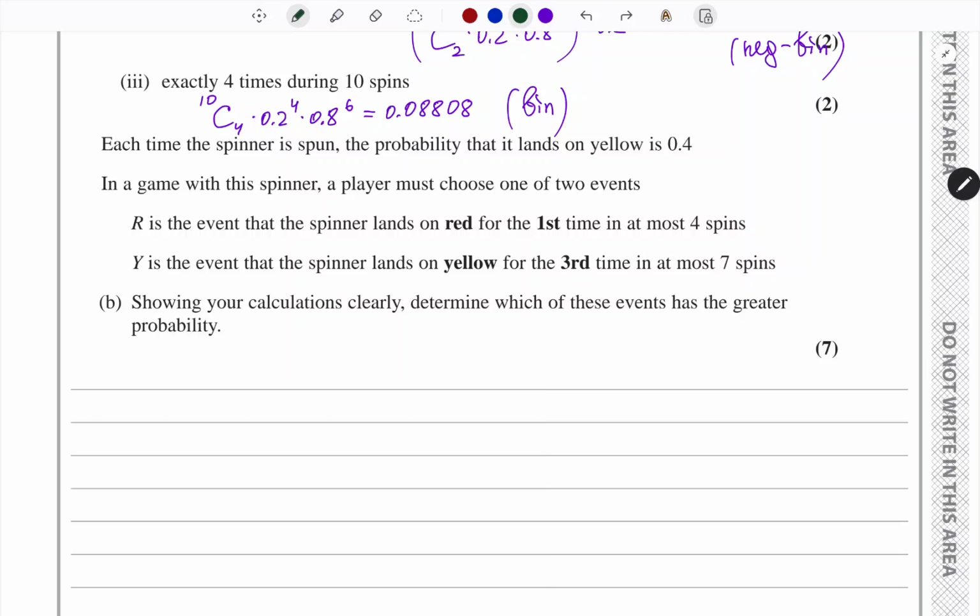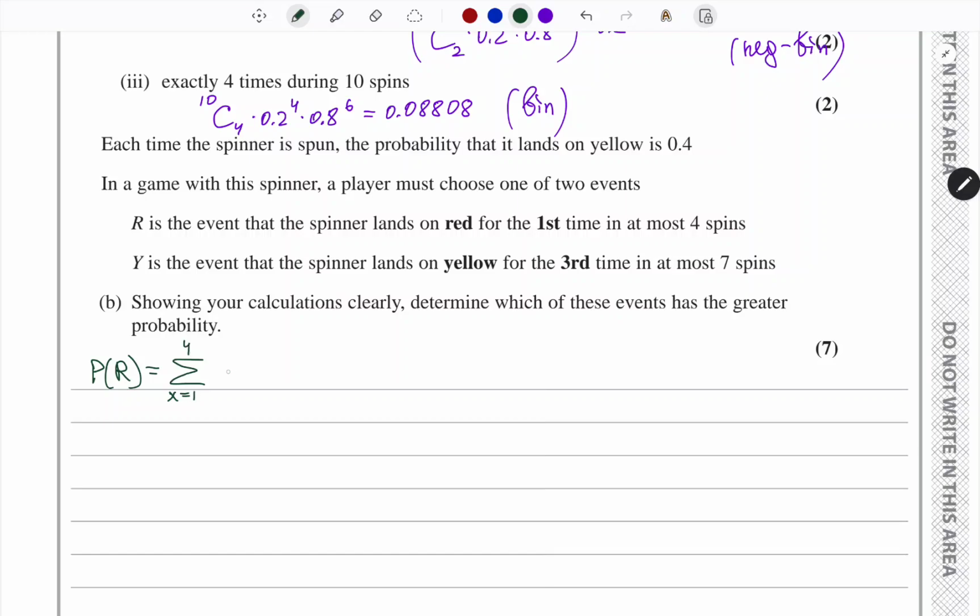First one. So if we consider a specific number of spins, then it's a geometrical distribution, but it's at most 4. So we have to consider 1 spin, 2 spins, 3 spins, 4 spins. So it's easier to write it in terms of a sum, right? Sum over x, the number of spins.